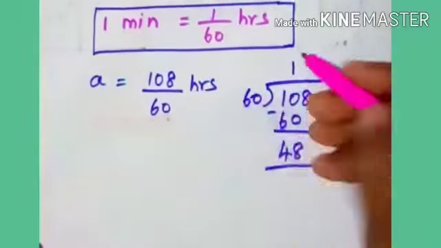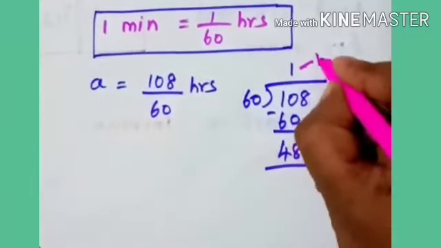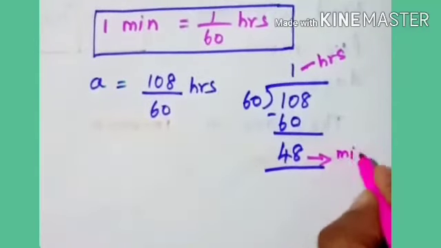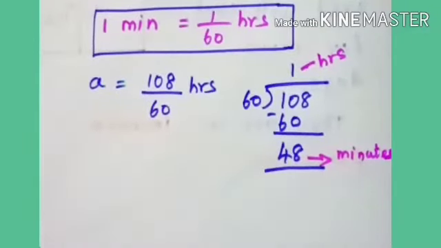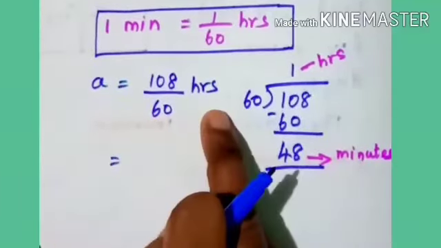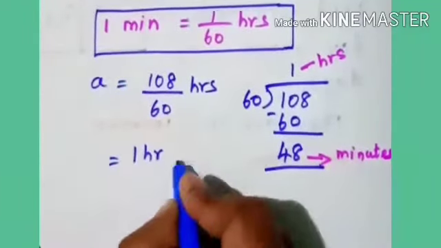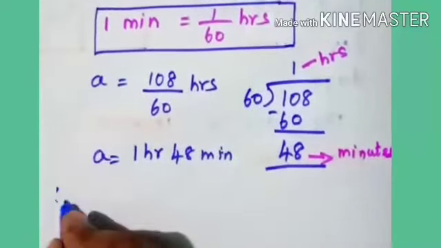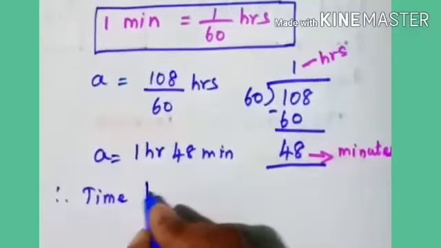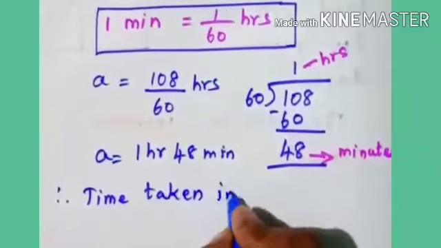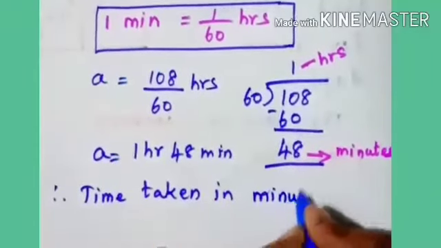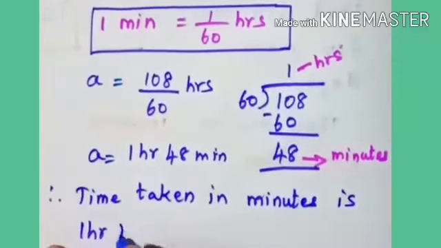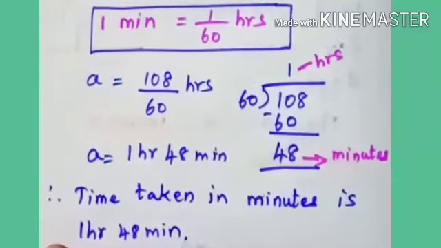Now the quotient 1 represents hours and the remainder 48 represents minutes. So we can write 108 by 60 hours as 1 hour 48 minutes. Therefore, time taken is 1 hour 48 minutes.